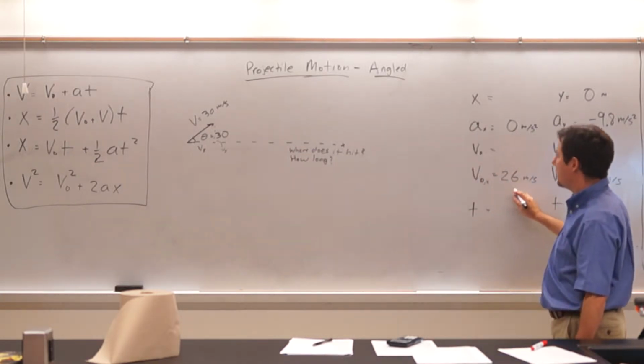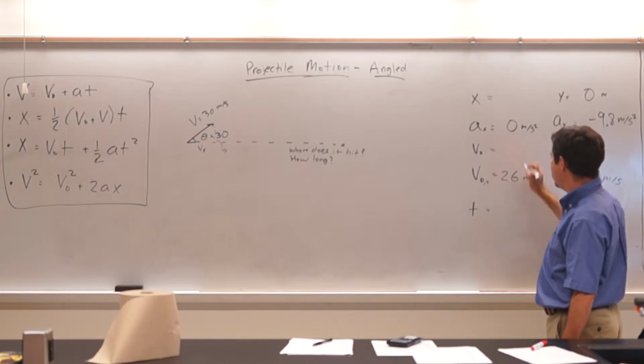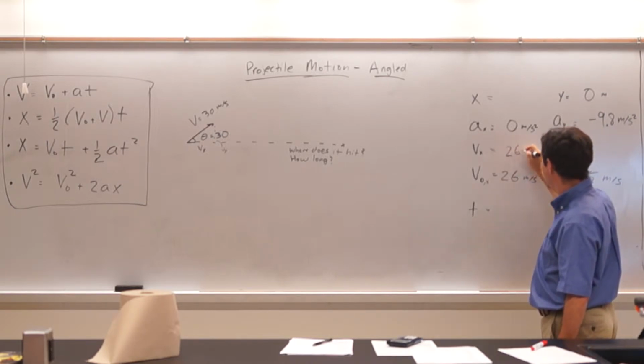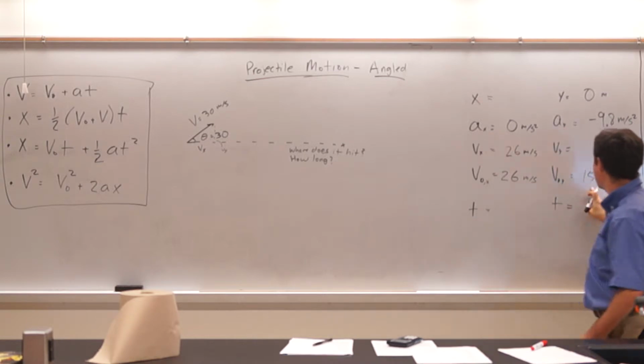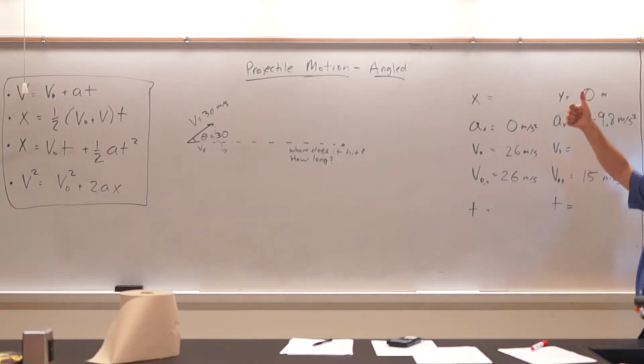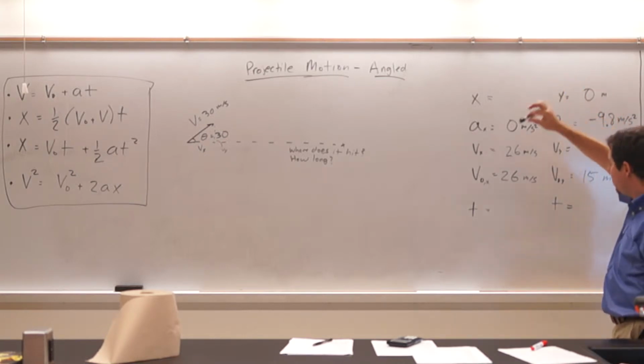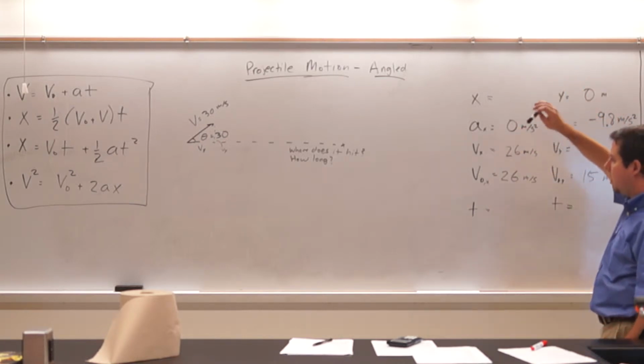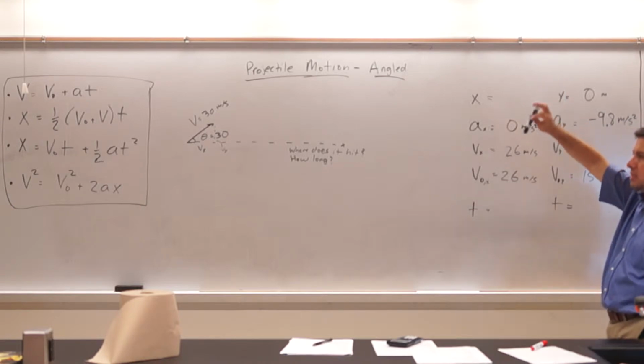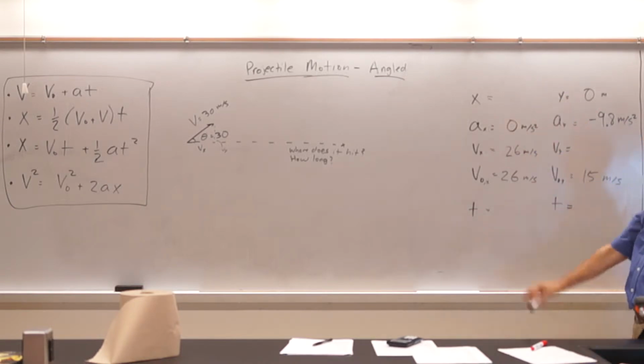So horizontally, when it's launched at 26, it stays at 26 the entire time. This goes up at 15 meters per second. And then it slows down, and at the very top of its trajectory, it stops. The acceleration is still the same, but it stops and then starts accelerating, continues to accelerate, but it speeds up in that negative direction.